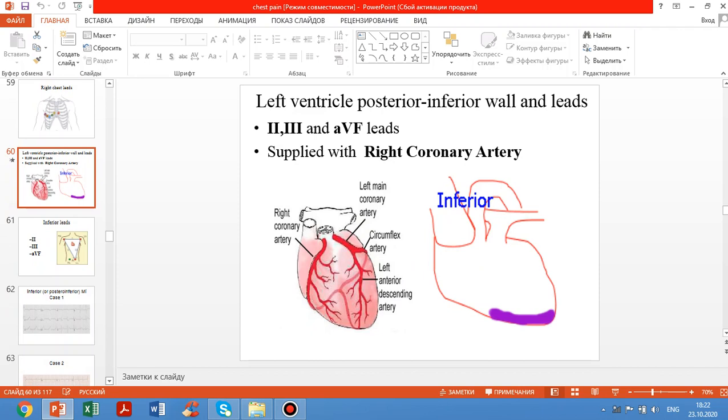Now we will talk about damage of the heart walls: left ventricle, posterior, inferior wall, and their leads. The damage we can see in the second, third, and AVF leads. This area is supplied by the right coronary artery.